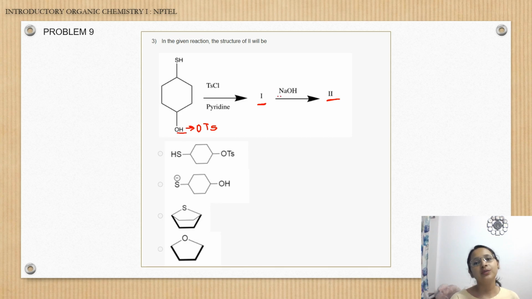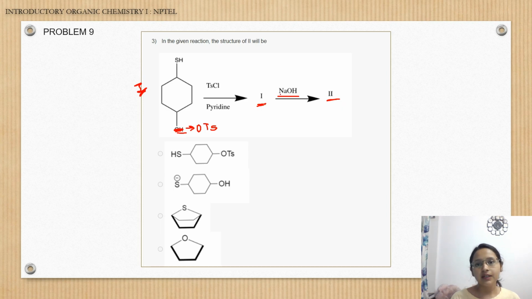Now they have added sodium hydroxide. Now what will happen? Sodium hydroxide is a strong base. Now a strong base will deprotonate the acidic proton. So first is this, after tosylation.